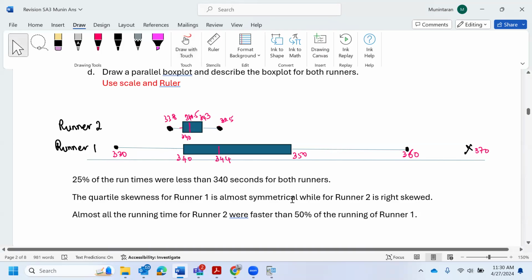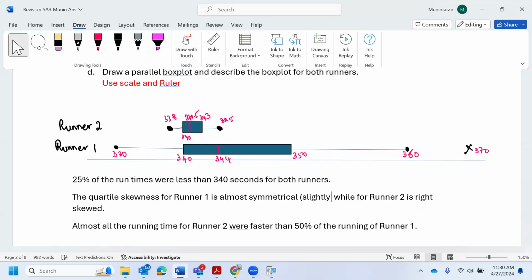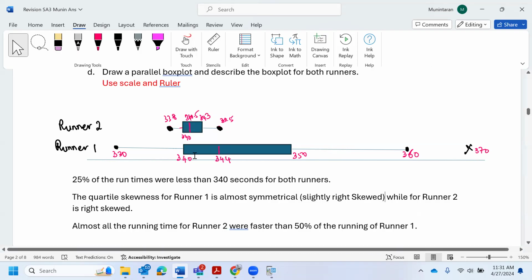You also can say almost symmetrical, or slightly right skewed. If you use the word right skewed, I think at this point they will not really look into the details. My drawing is a bit out. Scaling is out. Yeah, this is 10 and here's another 10. So yeah.